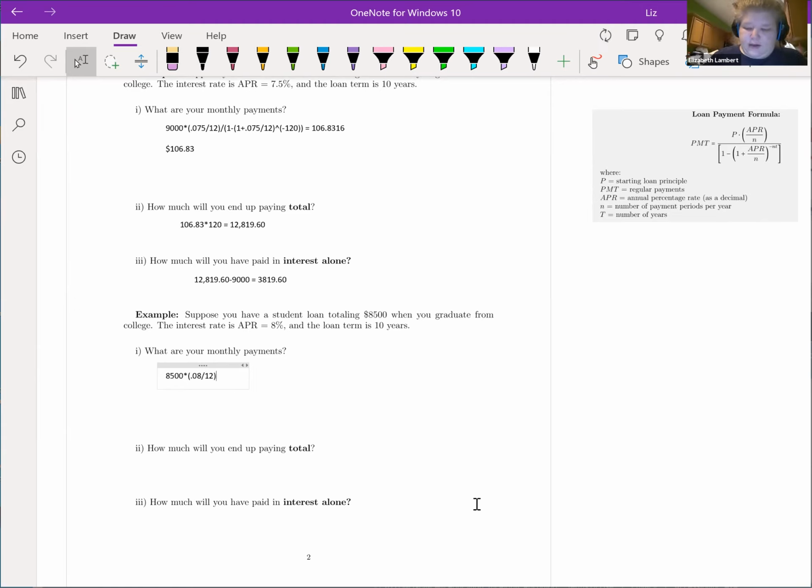And then divide that by 1 minus, another open, 1 plus 0.08 over 12, close to the open, negative, and again, another 120. Alrighty, so that is going to be $103.13.